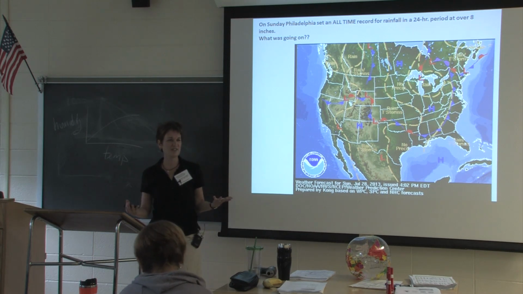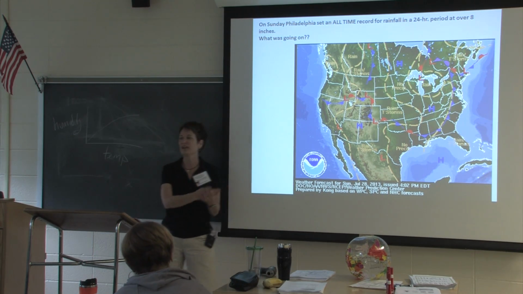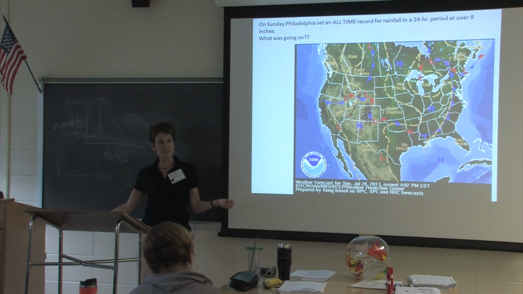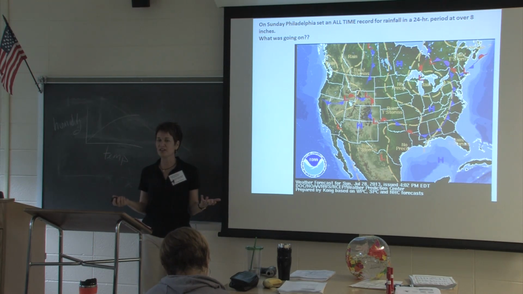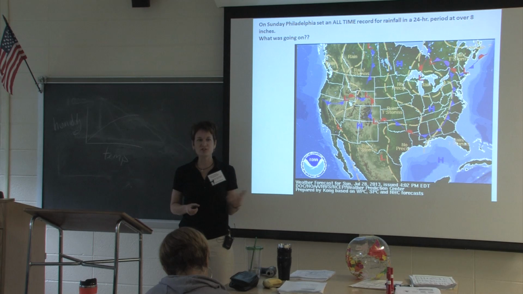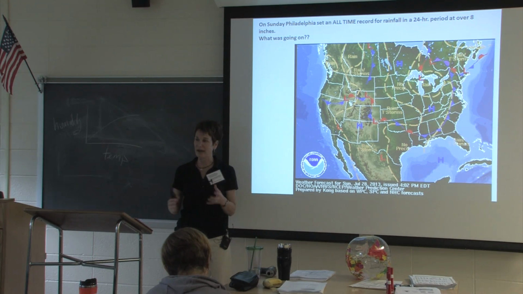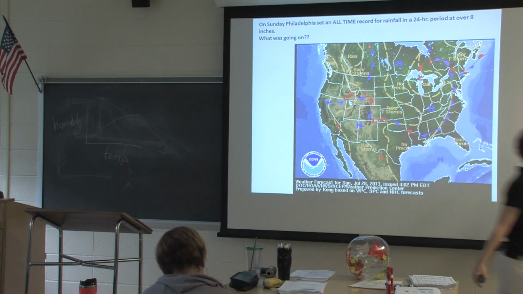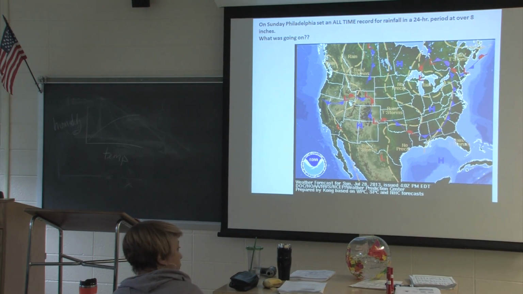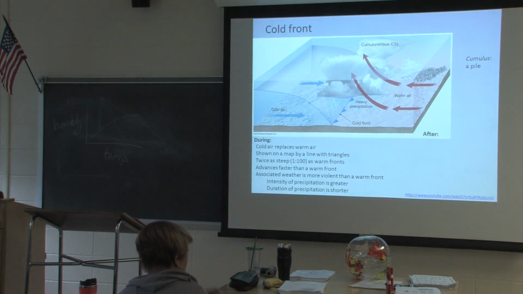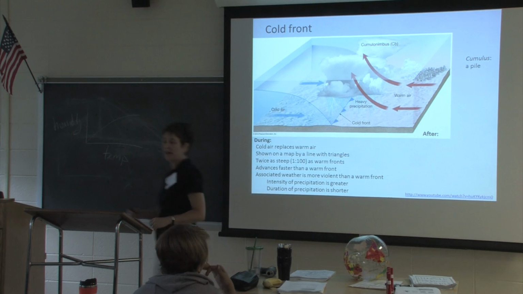So you know those rainy times and it just rains for like 5 days straight and you just get really sick of it? That's not usually a cold front. That's usually a warm front. A cold front brings with it pretty dramatic weather and pretty intense weather. I'll show you this in a second in a graphic.